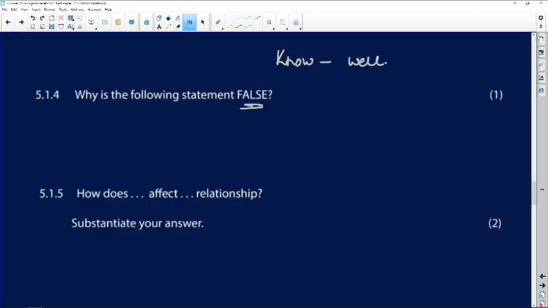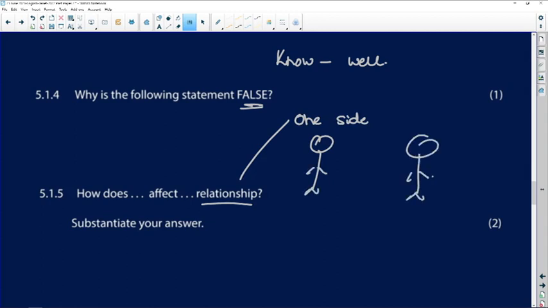Now this one is an interesting one. How does something affect somebody's relationship? What I find when students are discussing relationship is they often look at one side only. But a relationship is 2 or more people.